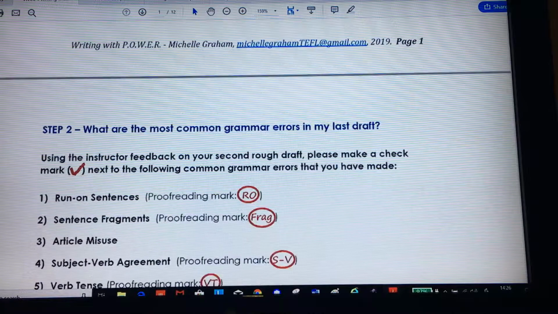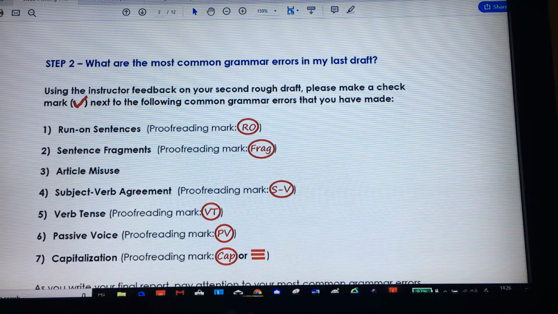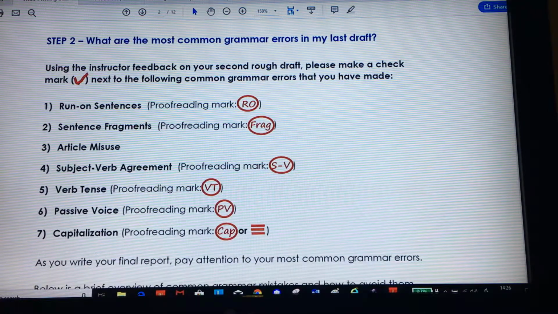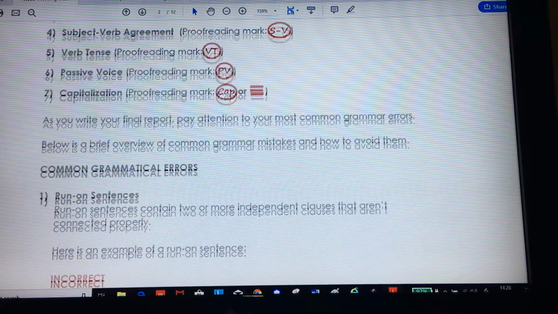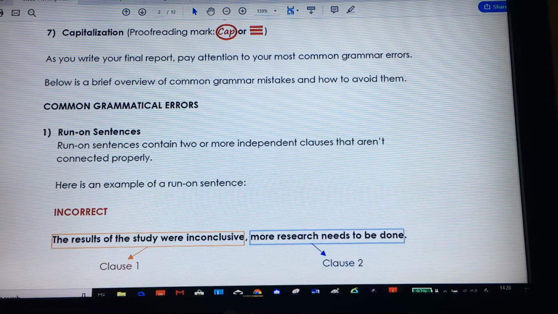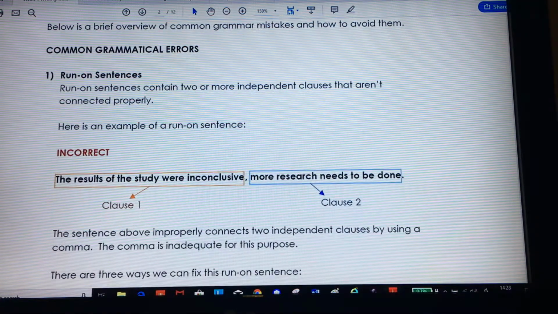So here's where I want you to take a moment, look at the feedback that I've provided on your second rough draft, and look at what I have identified as your most common grammar error. And so let's just go into what exactly are those grammatical errors.